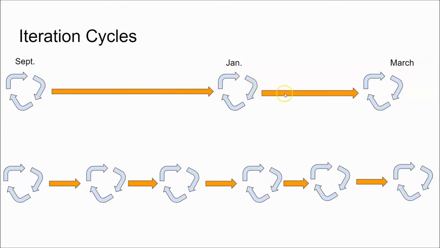Again, they have another arrow moment, and by March they're on their third cycle. However, compare that to this teacher at the bottom that's on a reflection cycle, and the arrow moments are more frequent and they're shorter. So they move on to the next cycle and the next iteration of what they're doing and the next one. And by about March, they're on their sixth cycle instead of just the third, like this teacher up here.